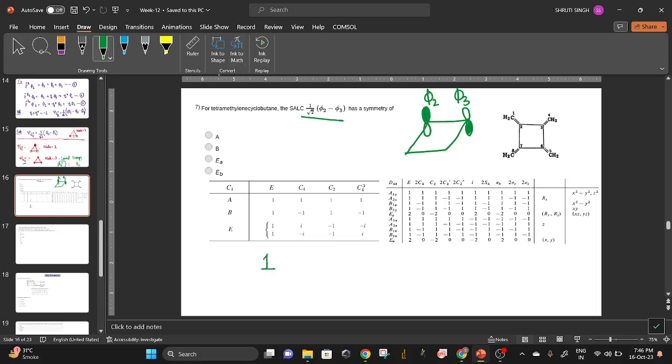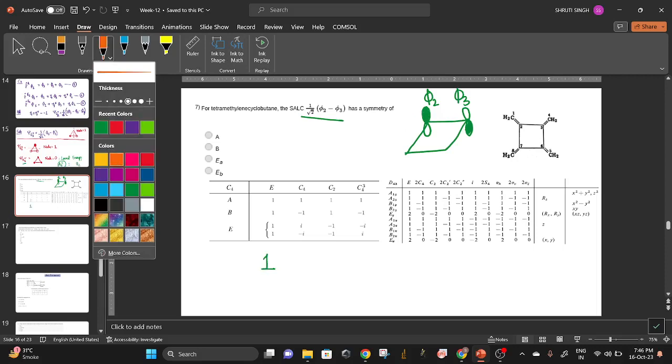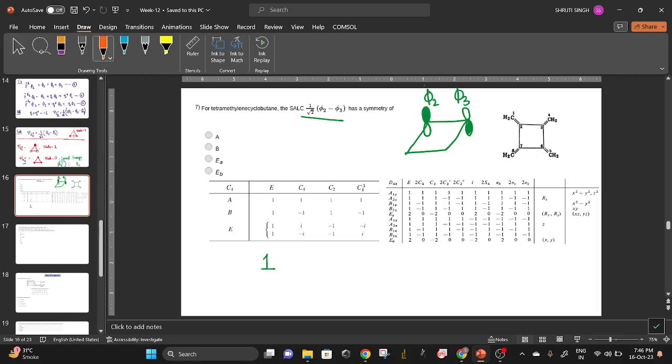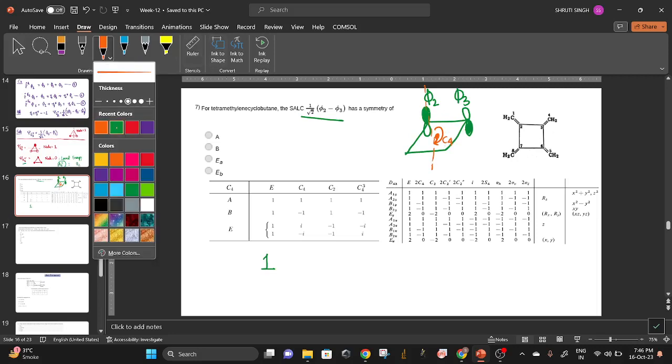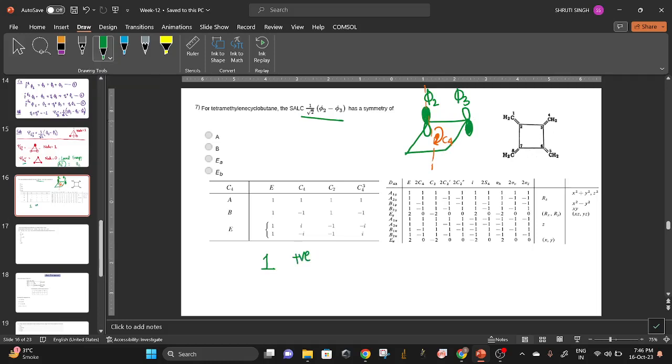Under C4, C4 is here. So C4 will be passing from the top like this. When you apply C4, there won't be any change of sign, but these will change place. So phi 2 will move from here to here and phi 3 will move from here to here, by 90°. So it will have no sign change, so the character will be positive, but it will change its place.